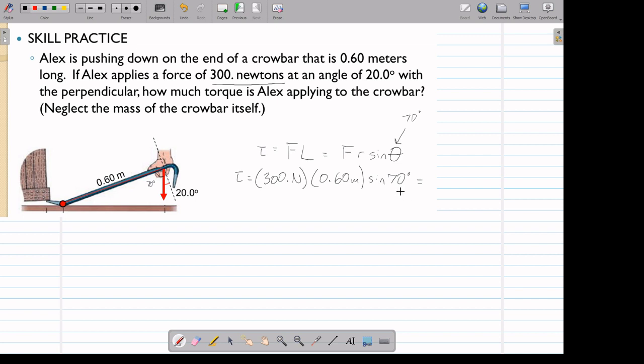You pull out your trusty calculator and multiply those three things together. Round your answer to two significant figures, and you're going to get 1.7 times 10 to the second power newton meters. Or you could write 170 without a decimal point, and that would also be fine. Anyway, that's going to be our final answer, so put a box around it, whatever you want to call this shape.